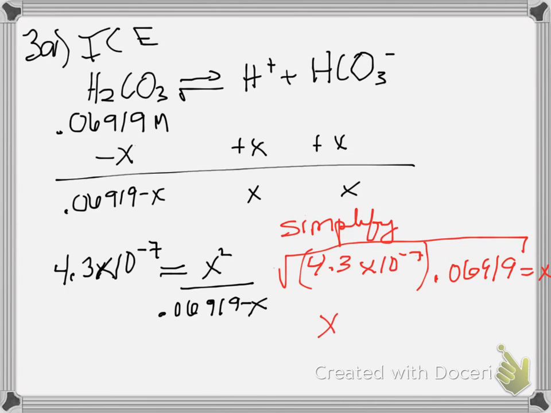So the answer I get from that is, let's see, x equals 1.7249. Again, I'm keeping an extra figure. In reality, I actually keep all of the figures in my calculator, but I'm only writing down one extra. And I just want to check and make sure that that does not violate our 5% guideline. So 1.7.